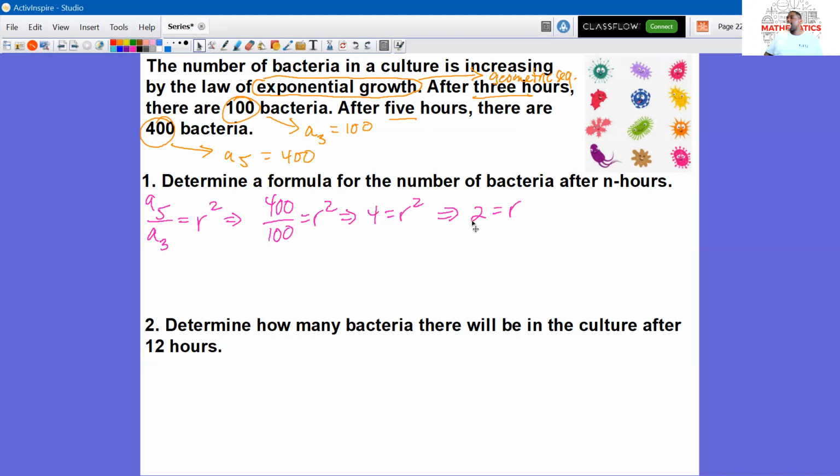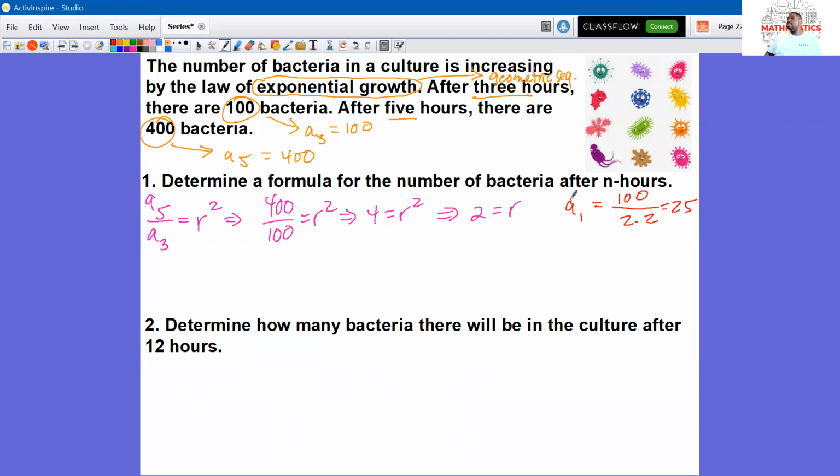So now I can use this to find my first term. Based on this, if after 3 hours I have 100 bacteria, then the first term would be 100 divided by 2 times 2, because 2 hours elapsed since 3 hours. So that's going to give you 25.